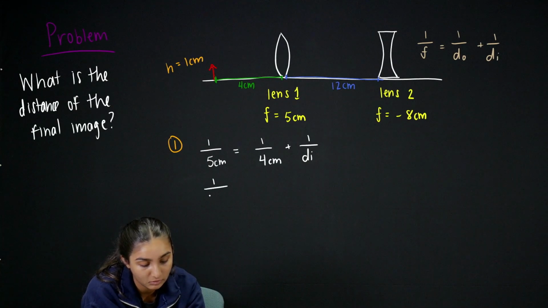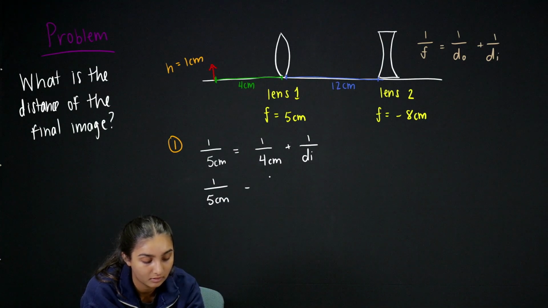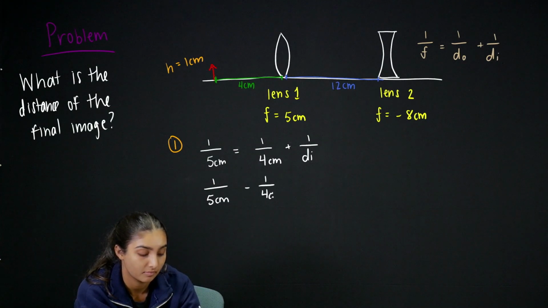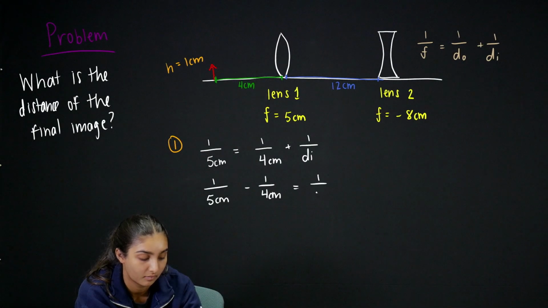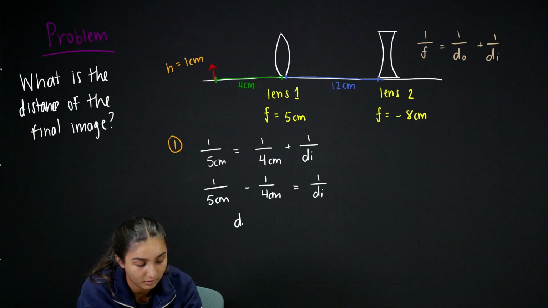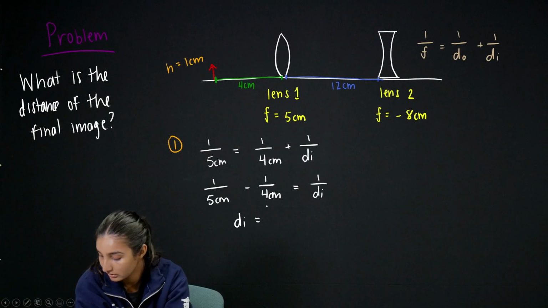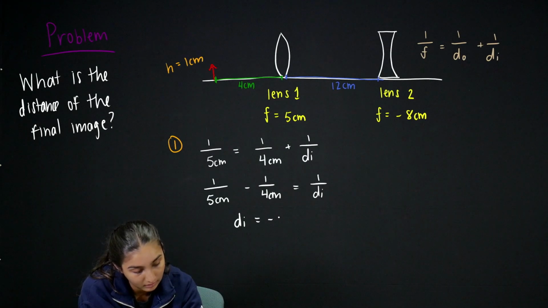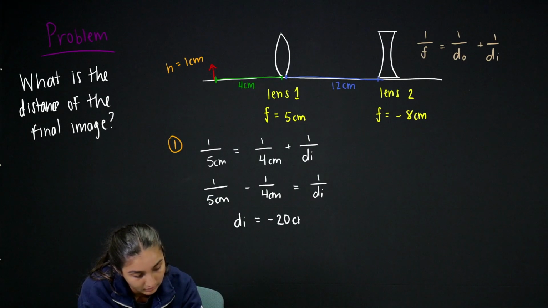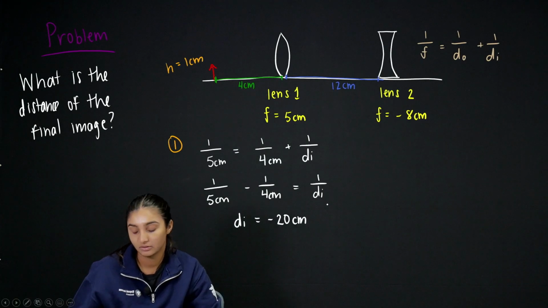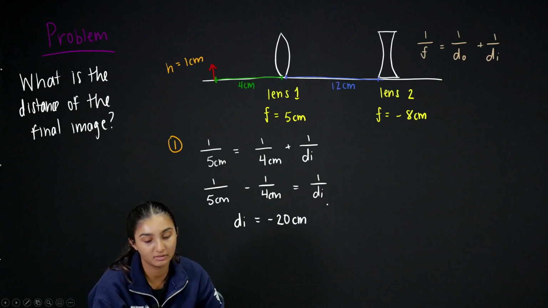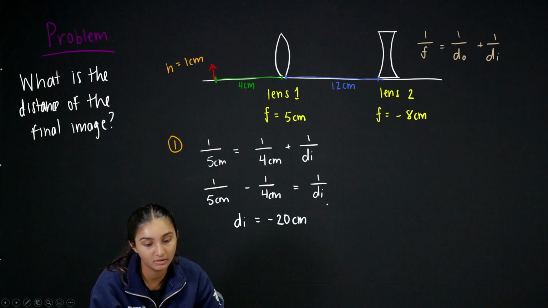So if we subtract, and then we solve, our distance of the image is going to be negative 20 centimeters. It's negative because it's going to be in front of lens 1.